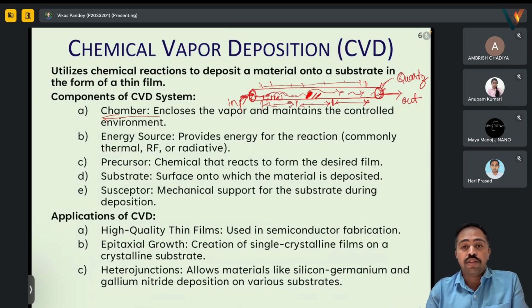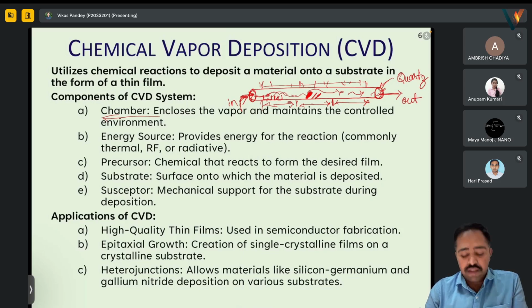Second is energy source. Here I was saying that we might have heaters. There can be some other energy source also, like heat or thermal energy is one. Second one is RF, radio frequency or radiative energy. All such energies which facilitate the reaction.